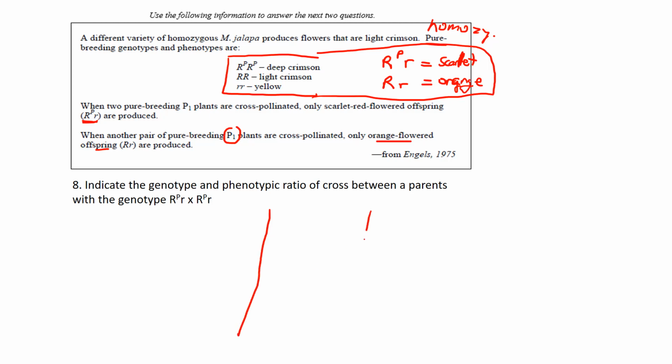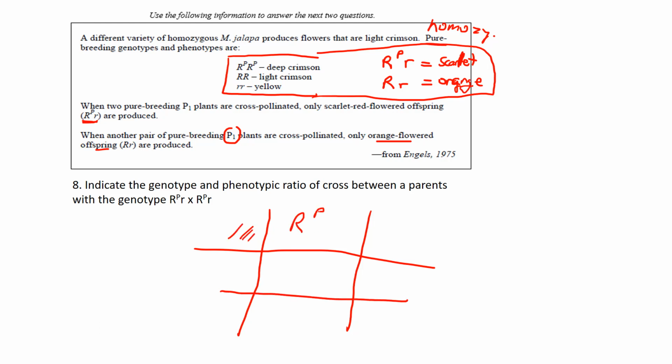If we know the genotype of the parents, we can proceed to step 3, which is the Punnett square. Capital R P, little r. Isolate these genotypes into gametes, just like we've been doing all this time. And now we're going to bring these together. So capital R P, capital R P.